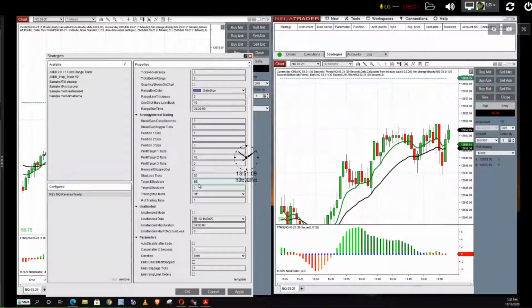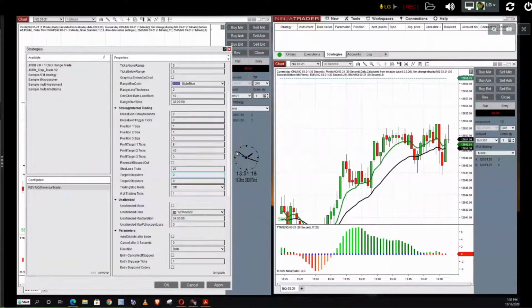But I don't want to get stopped out on a little bit of an up and down move, which is very possible.